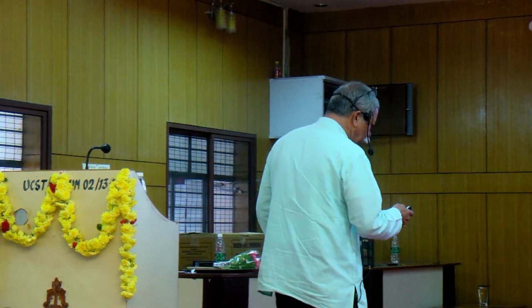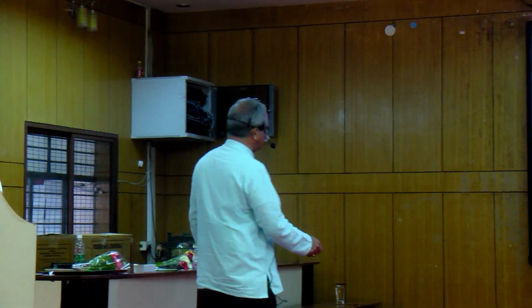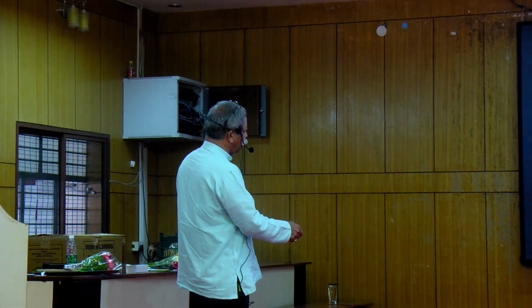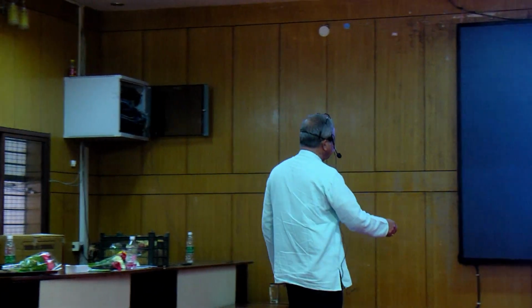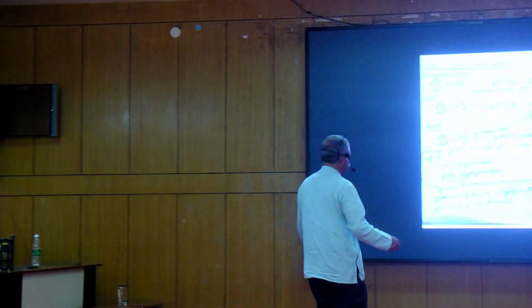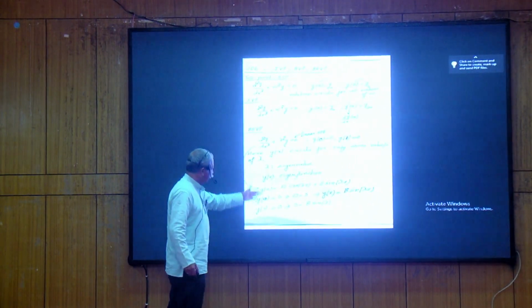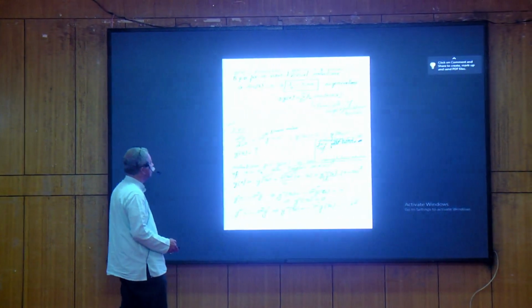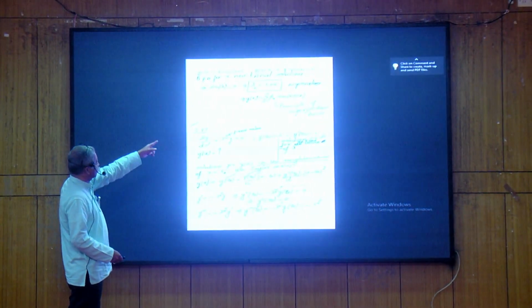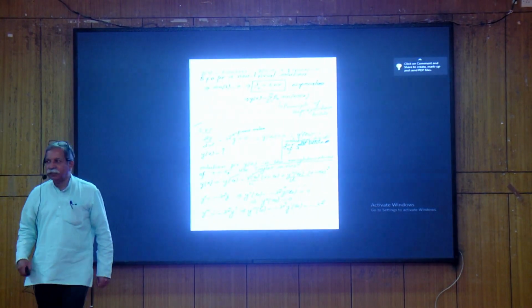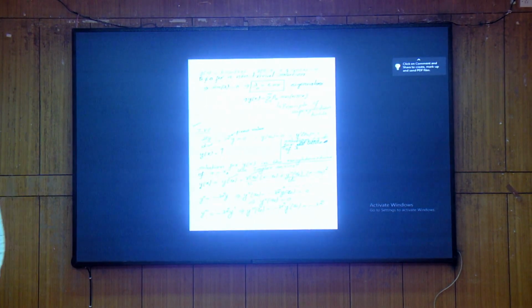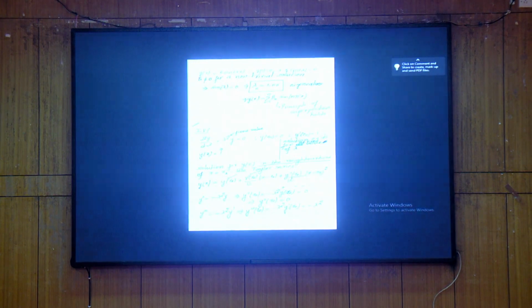So suppose I am given this boundary condition. I can solve this. You see here, in the course of solving the differential equation, I get the value of lambda to be plus or minus n pi.